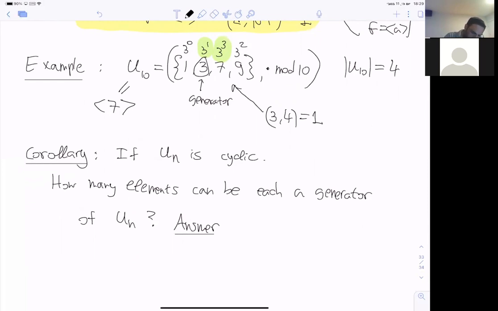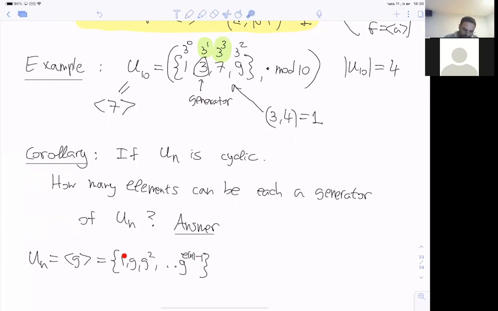Suppose U_n is some cyclic group generated by g. So we know g, g^2, until g to what? What is the last element? The order of g, the order of the Euler group, I mean phi n, minus 1. Because the next thing will be again e, because it's the order of the group.